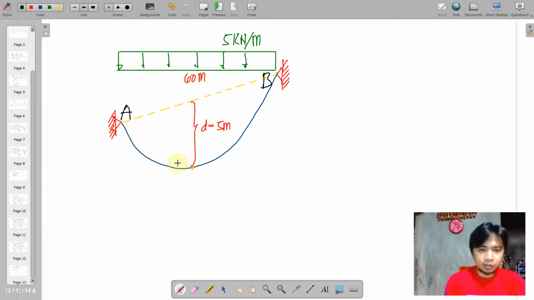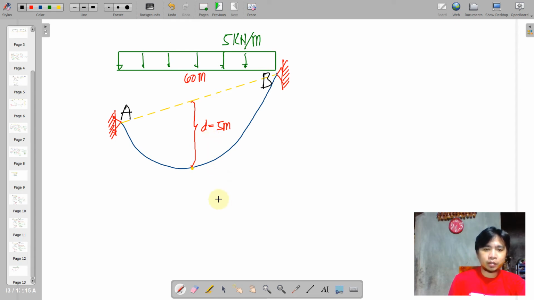So this is a parabolic curve that is carrying a surcharge of 5 kilonewton per meter. It so happened that the sag, or the lowest point, is within the symmetry of 60 meters. So the sag distance is given, which is the distance of the lowest point to the chord connecting A and B, and that is equal to 5.